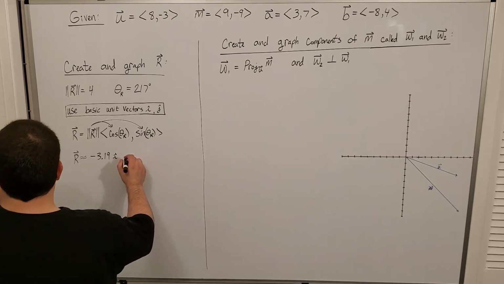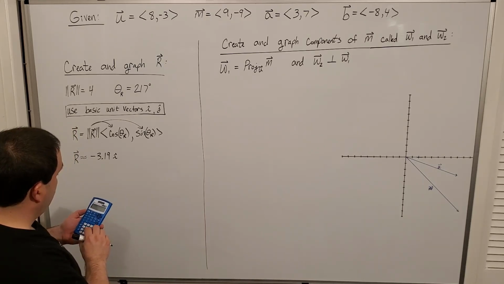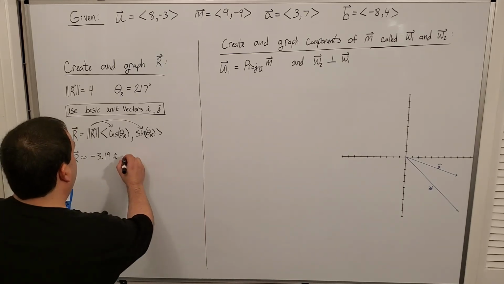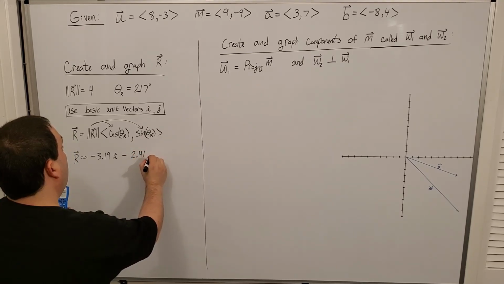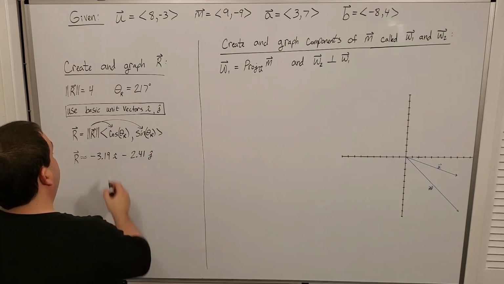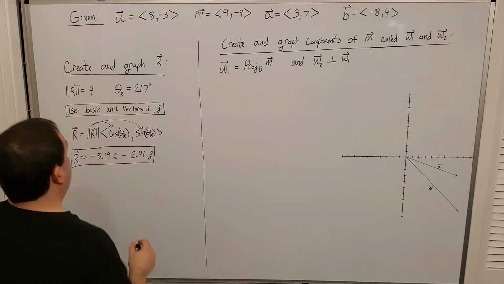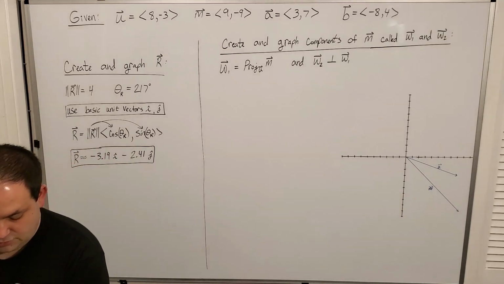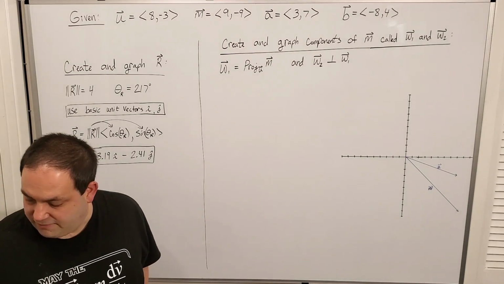Okay. And then do the same thing, but sine, 4 times the sine of 217, I'll have minus 2.41j. So there's the r vector calculated algebraically, right? Now let's graph this thing.